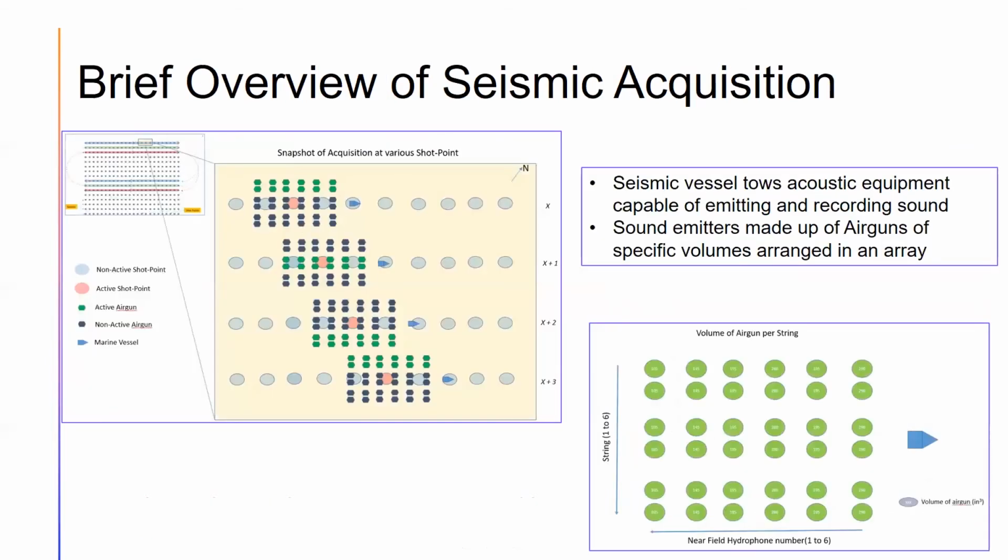The ship more or less sails in a straight-ish line, pulling an array behind it. Each individual time that it sends out a pulse of sound into the earth is called a shot point, and a bunch of shot points together build up a survey. Each of these arrays is made up of air guns.